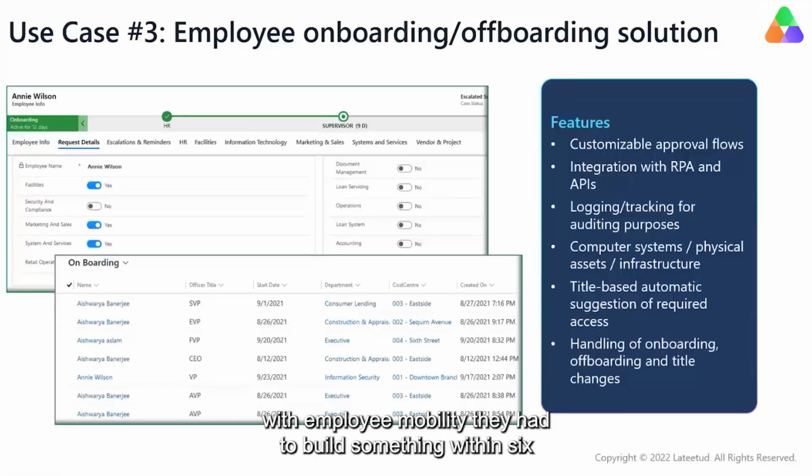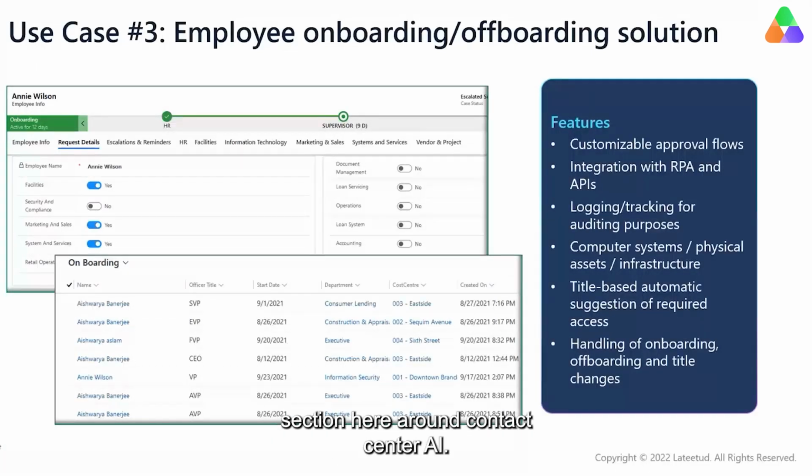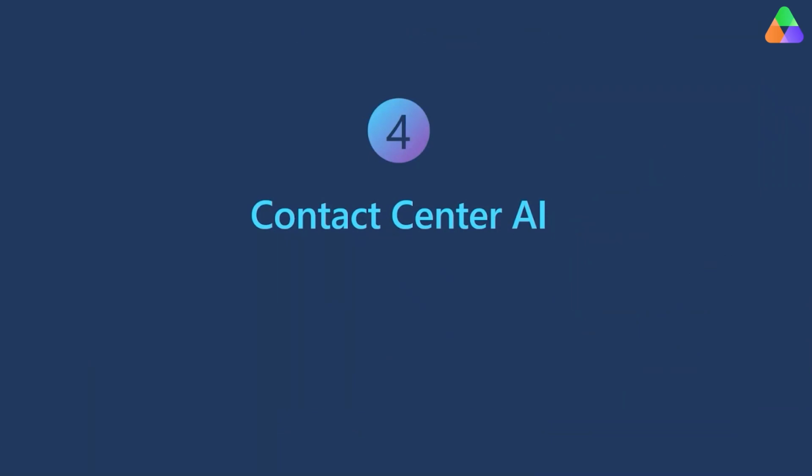They had to build something within 6 weeks because now we've got to track changes and coordinate changes in tax status and compensation and migration. So a lot of that's been changing over the last couple of years, and EY had to move very quickly. So I'll post that in the IM window from a customer evidence perspective, but we probably need to get on to the next section here around contact center AI.